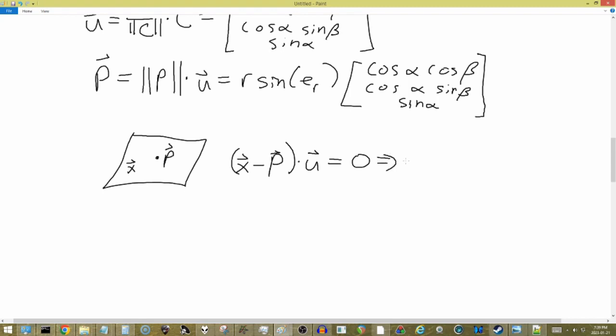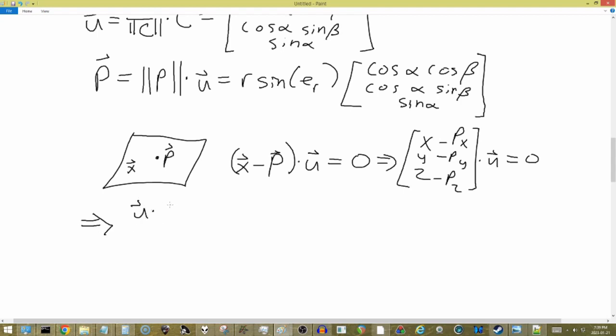That implies (x, y, z), our arbitrary point, minus (px, py, pz), dot u is equal to 0. That implies that, since the dot product is commutative, x, y, z dot u equals u dot P.